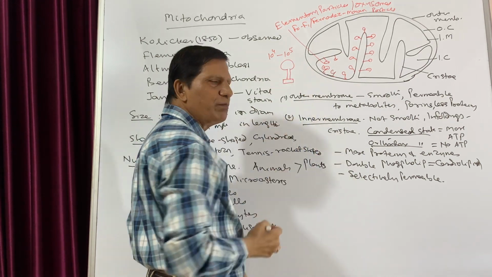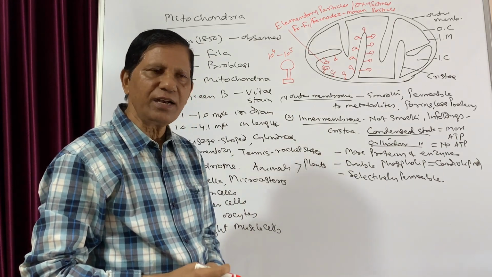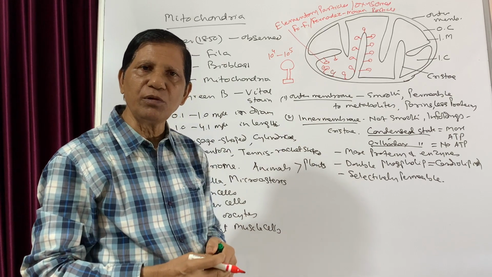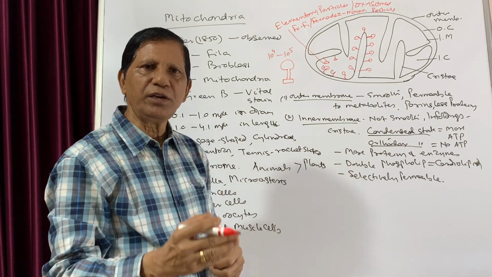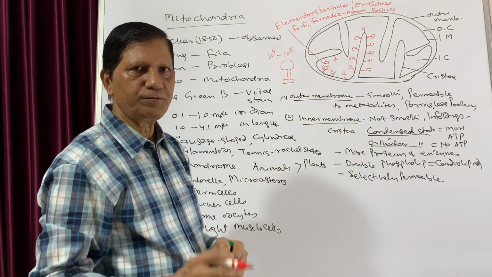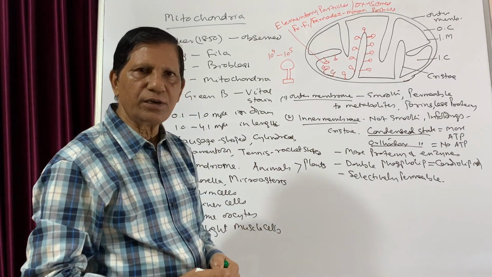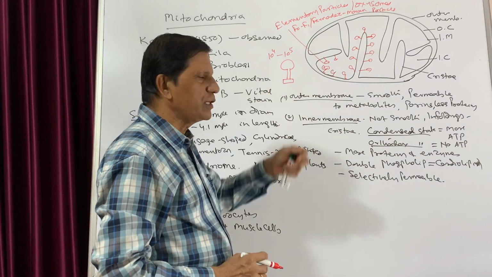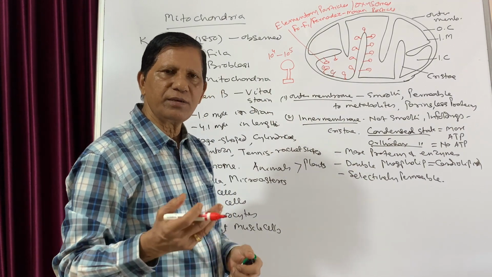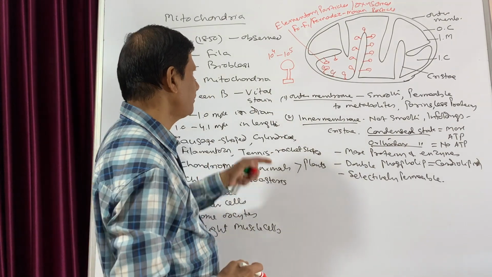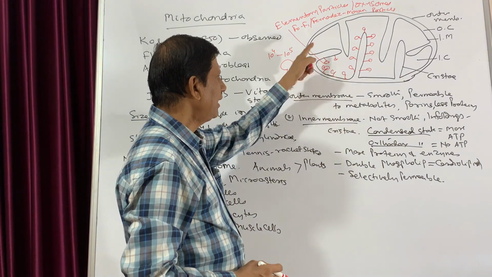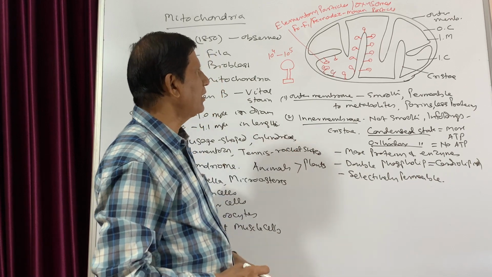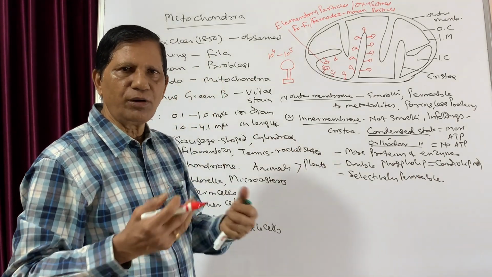In the head part, the ATPase enzyme is there, and these elementary particles are responsible for synthesis of ATP during oxidative phosphorylation. We will discuss that while discussing the function and respiration. So this is the structure of the inner membrane, which is completely different from that of the outer membrane.